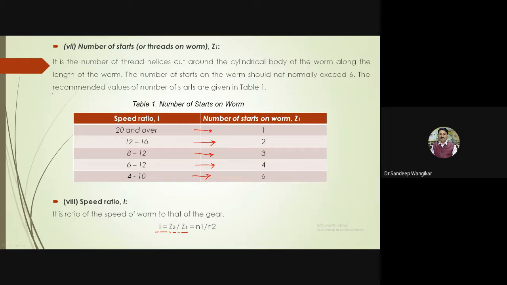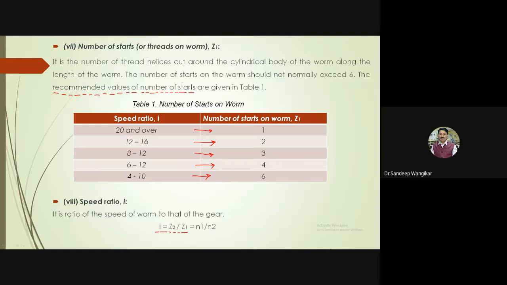These are nothing but the recommended values of number of starts based on the speed ratio, and the speed ratio is mentioned here clearly.